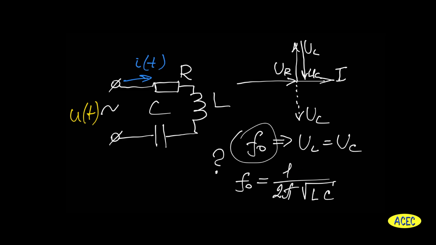As a result, we will have two different cases: when frequency is less than resonant frequency and when frequency is higher than resonant frequency. From our previous tutorials, you already know basic equations which describe any RLC circuit. Current in this circuit, respective voltages.